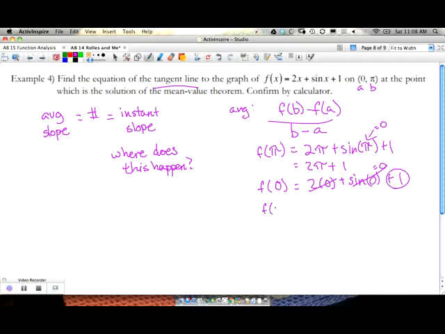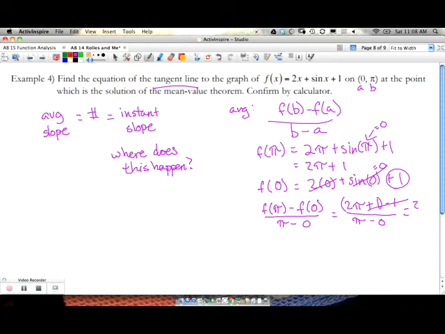So if we are trying to calculate f of pi minus f of 0 all over pi minus 0, that's going to be 2 times pi plus 1 minus 1 over pi minus 0.